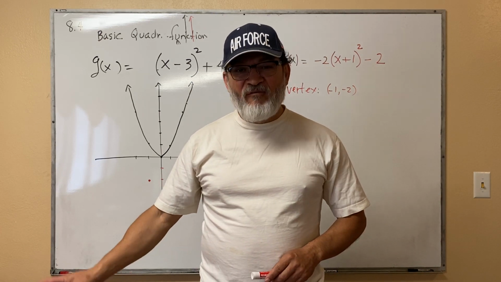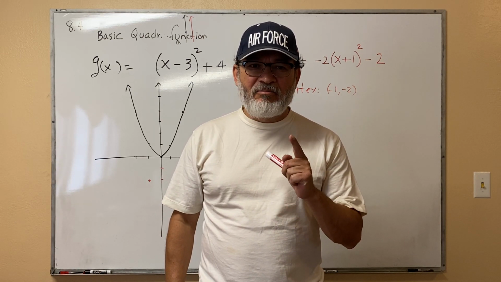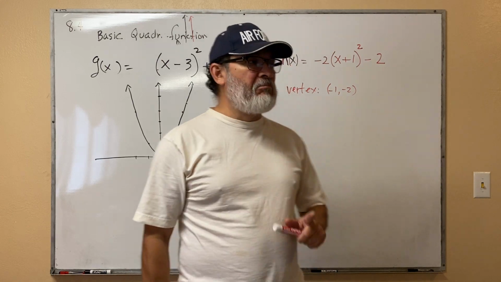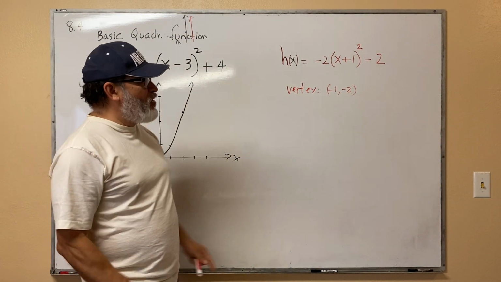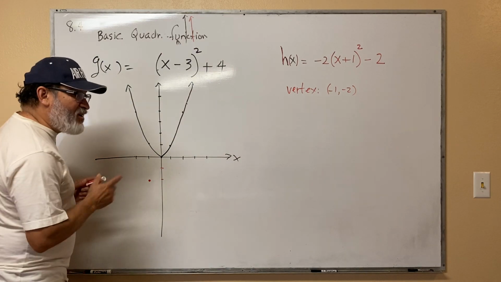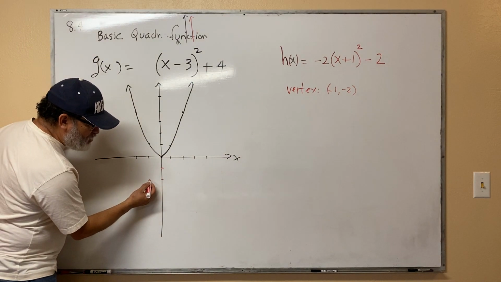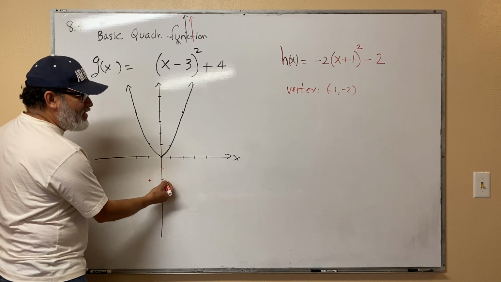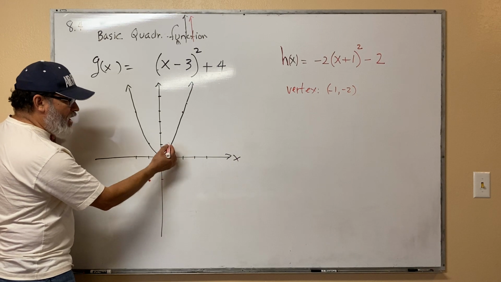Twice to your left, four up. That's the behavior of the basic parabola. How about this one? Okay. From the vertex, once to your right, don't forget, from the vertex of the basic, once to your right, one up.